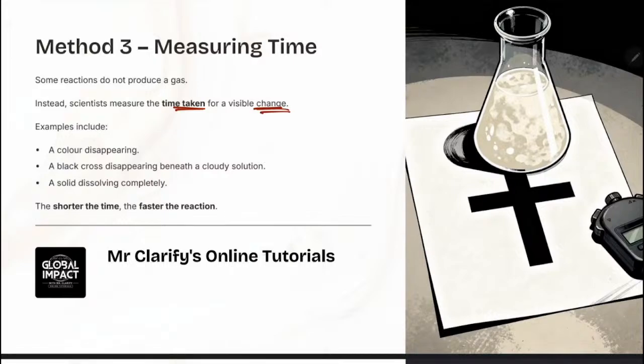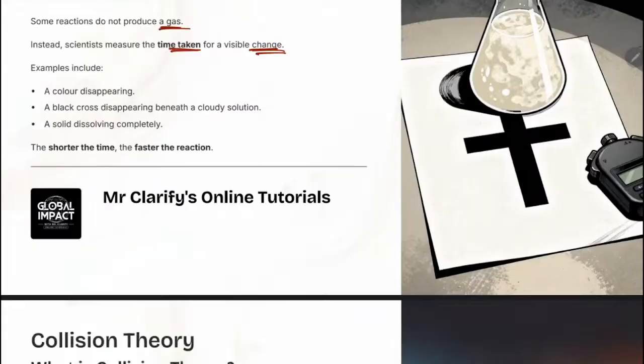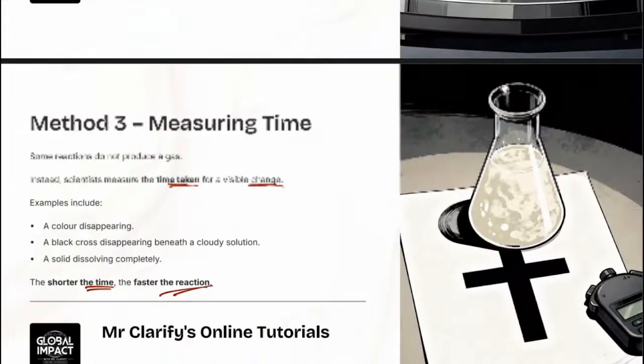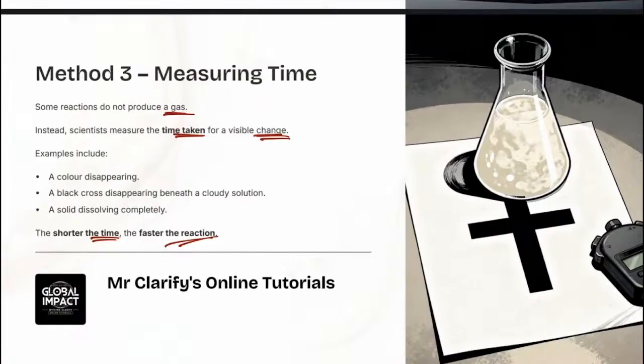Measuring time. These are especially for a reaction where a gas is not produced. So the shorter the time it takes for a visible change, the faster the reaction. Have you seen this? The 3 ways of measuring rates.